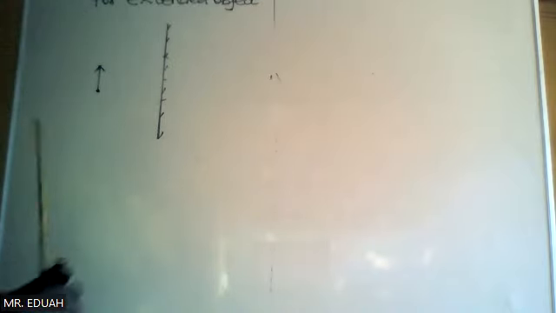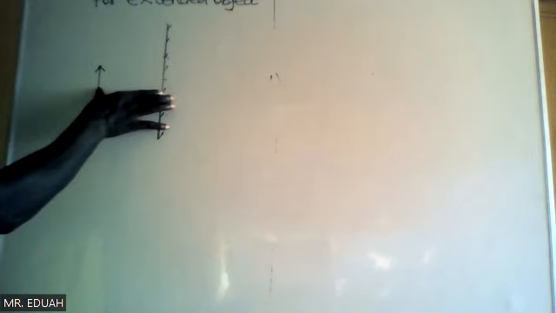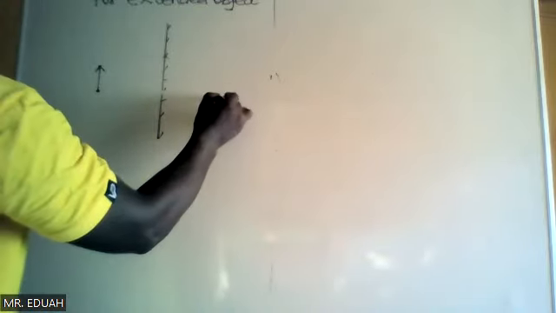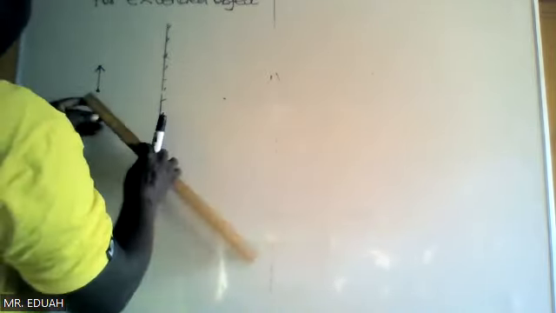Object distance is always equal to image distance. So this distance is very important. Measure, or use a straight edge to take your measurement.